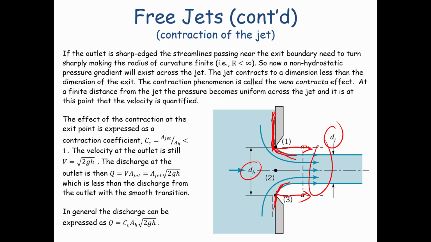What this does is change the cross-sectional area of the flow, such that in order to calculate the discharge of the jet coming out, we need to have a correction factor. It's called a contraction coefficient. That contraction coefficient is just the ratio of the area of the actual jet, based on d sub j, to the area of the opening, based on d sub h.